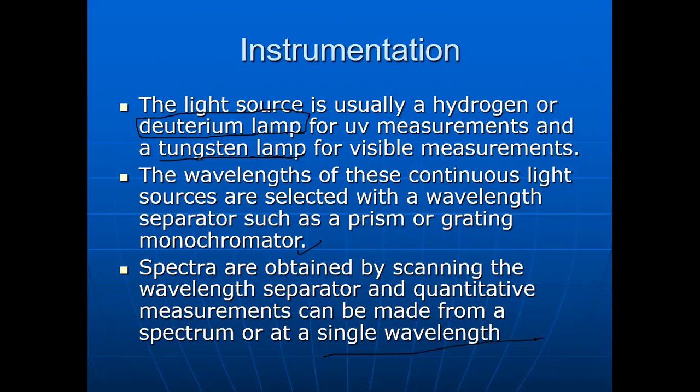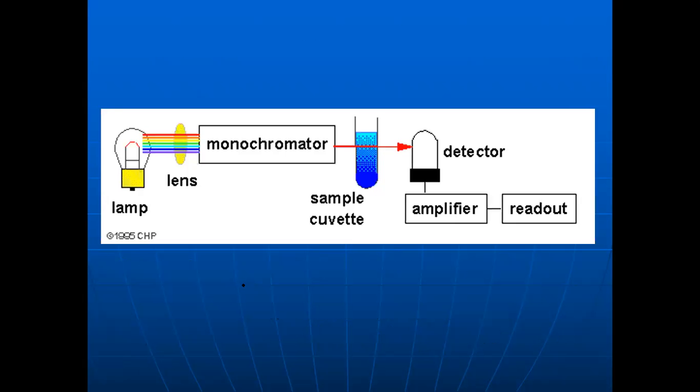So this is the lamp, very simple. The lamp, usually a tungsten lamp, emits light like this, and in between you use some prism or lens.